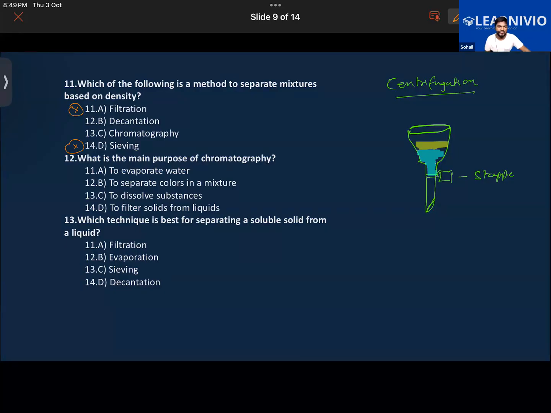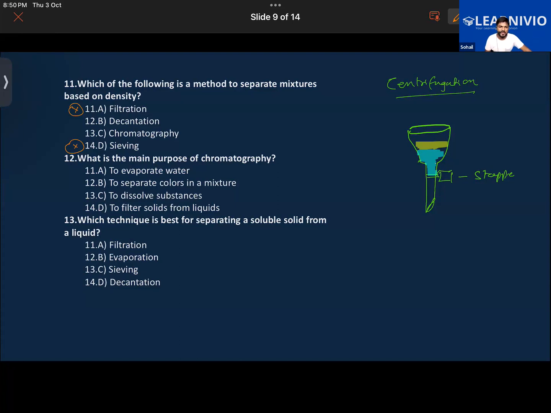Those substances dissolve in water at different rates, so they can be separated from each other with the help of chromatography paper. The principle is that when a mixture is applied on chromatography paper, based on its solubility, there will be differences in how it spreads.